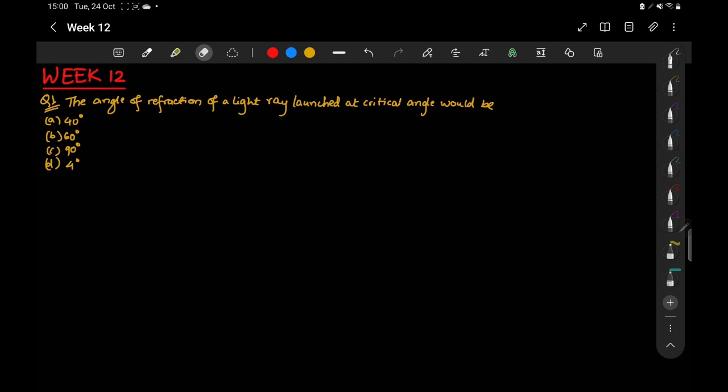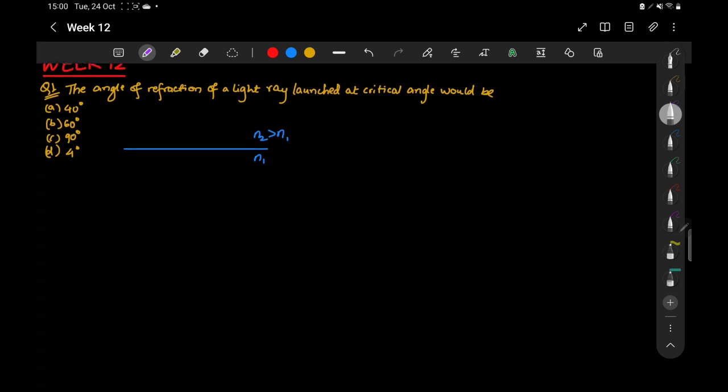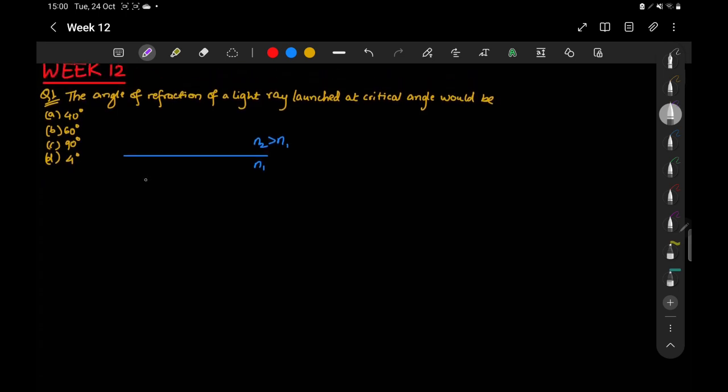Okay, so let us now discuss the answer. This question is based on Snell's law. So let us say we have an interface of refractive indices n1 and n2. We have a ray which is incident in the denser medium and then goes to the rarer medium.